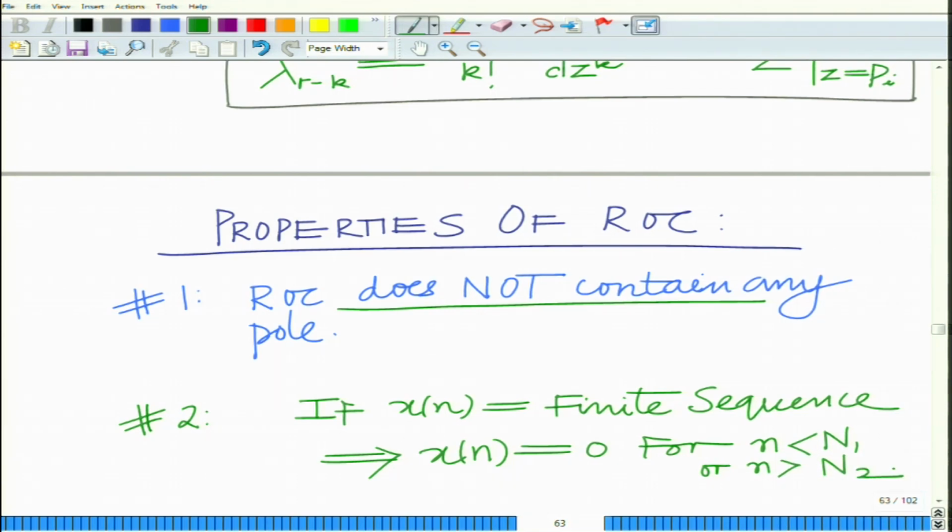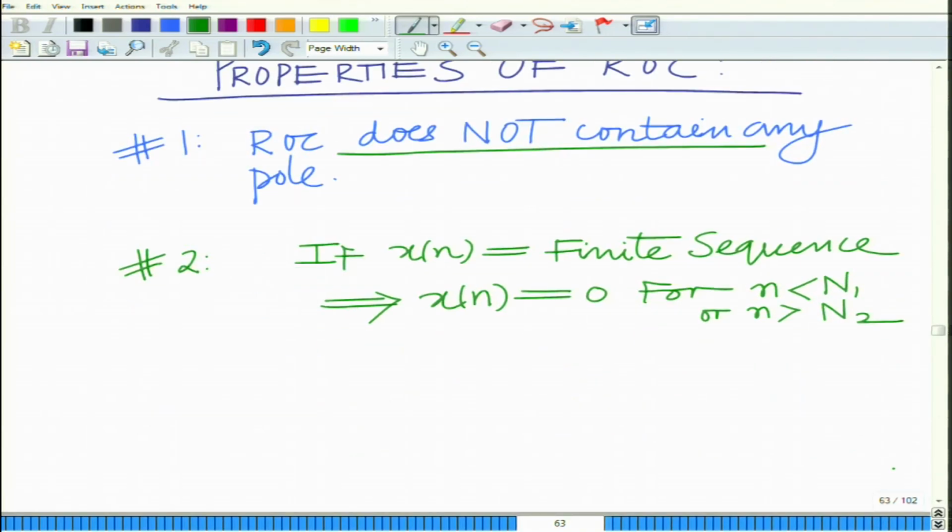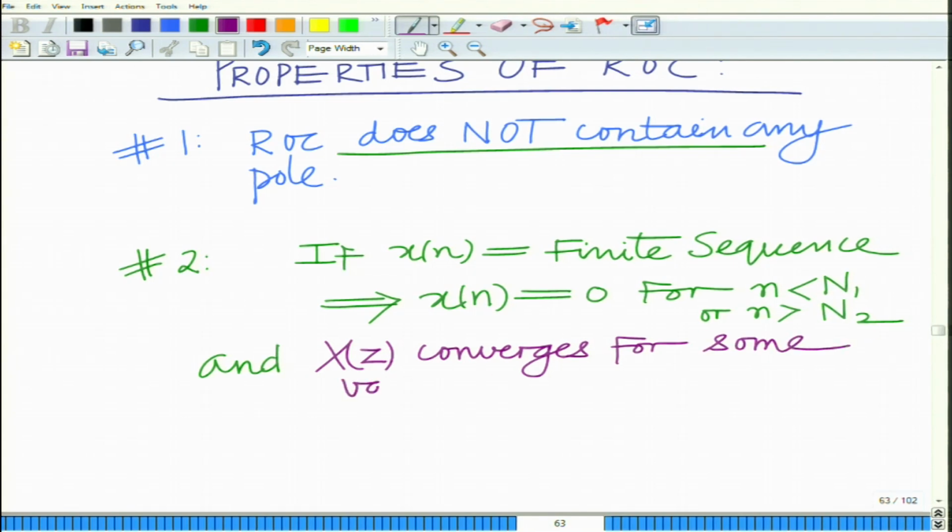That is, it is non-zero only in the interval n1 to n2, and X(z) converges for some value of z, then this implies that the ROC equals the entire z plane.